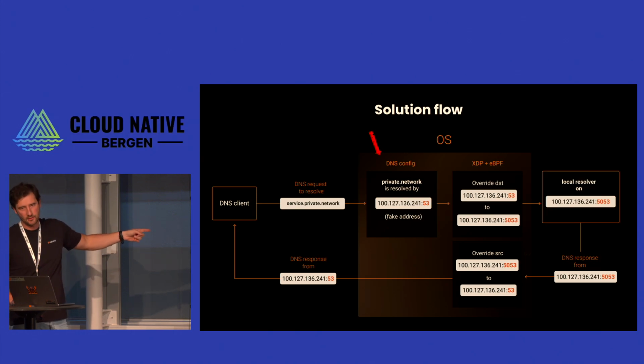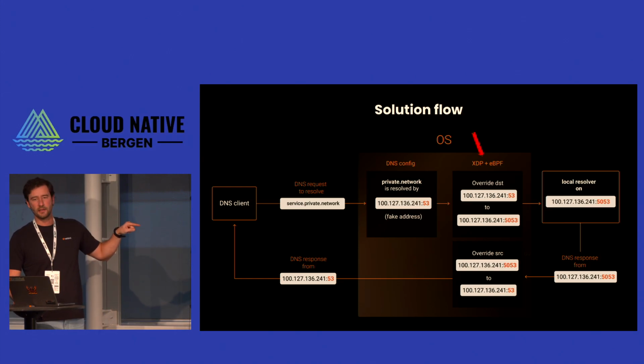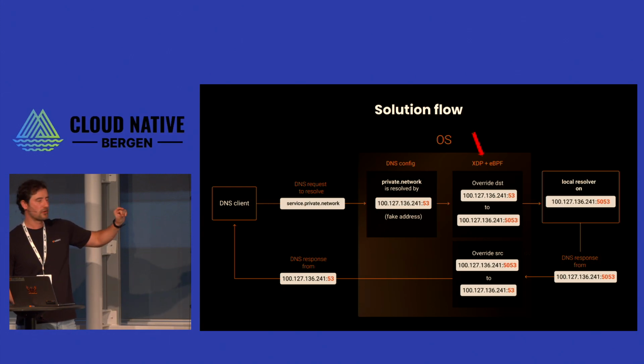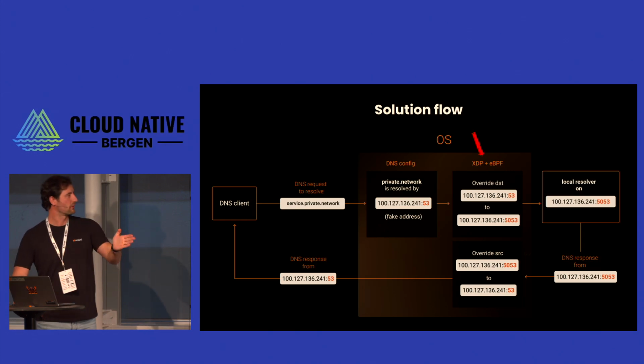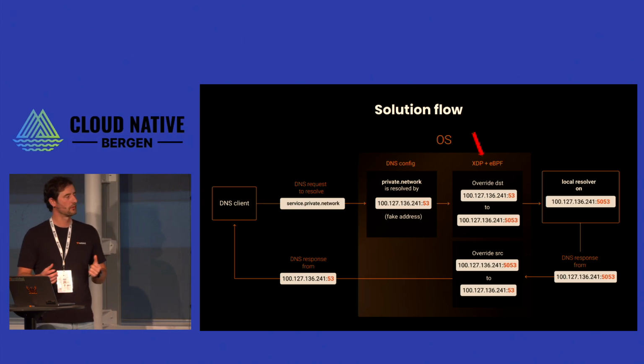It gives it back to the client, and the client sends a request to this fake resolver, but there is nothing behind it. And our job is actually to catch this packet by port, right, by destination, override it to port 5053, and pretty much just route traffic to the actual resolver that is running within our application.